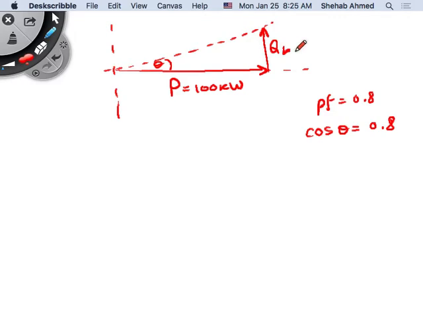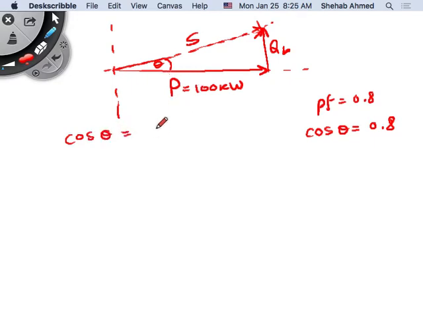So basically, I know QL, and I know from the power factor, and I know P. What else do I know? I also know S. I know S because I have theta and P, I can know Q and S, right? So cosine theta is equal to what?